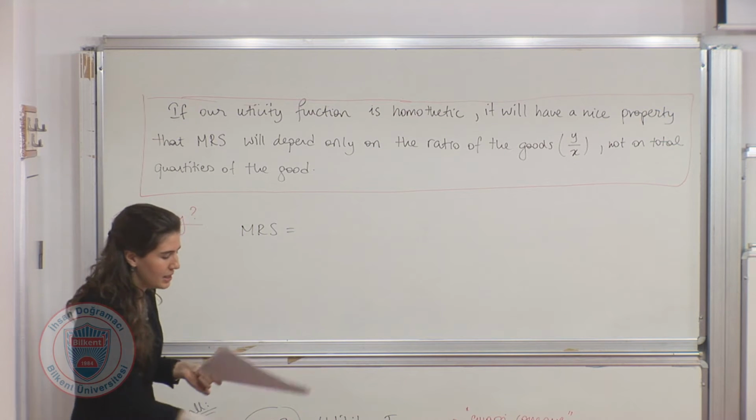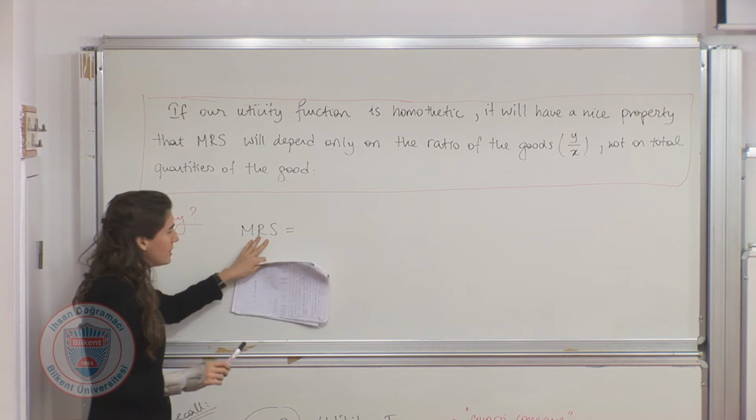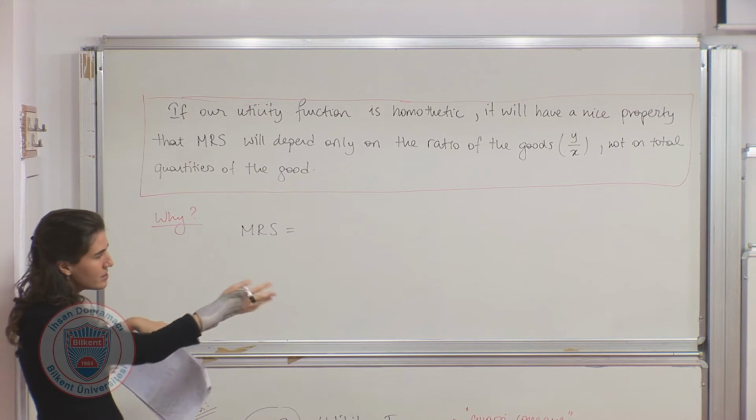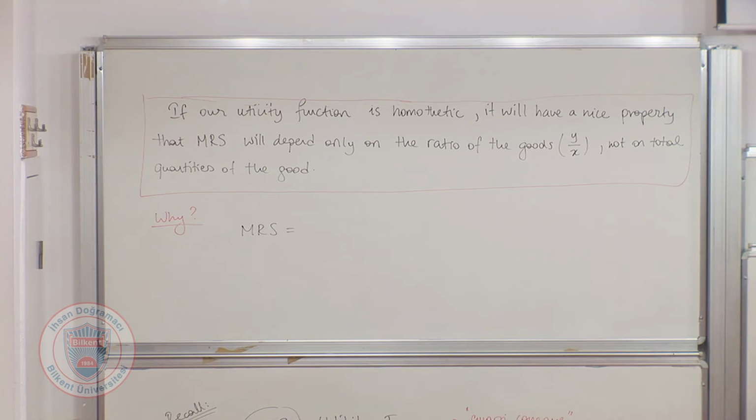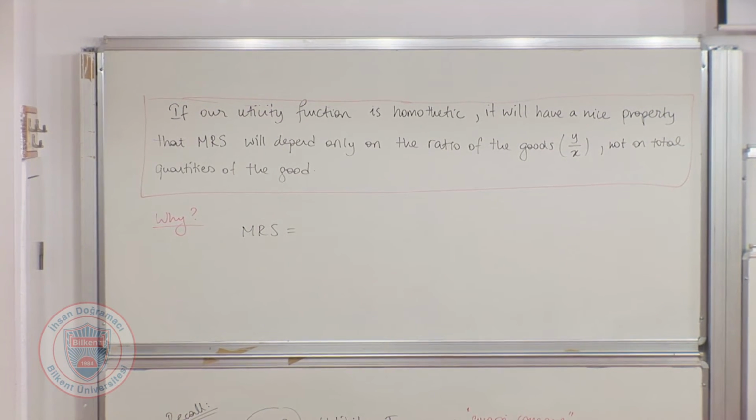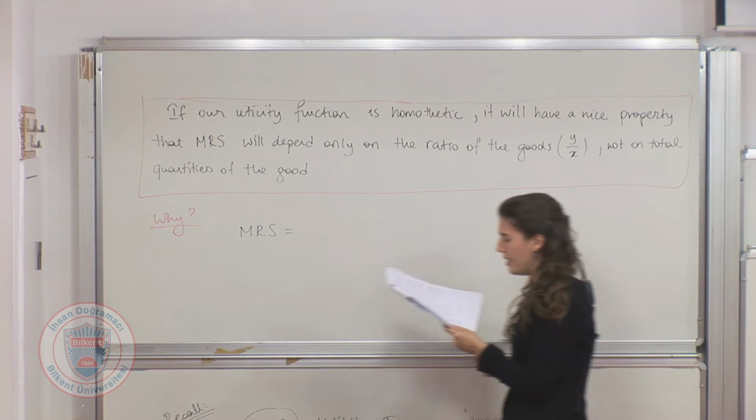So if it's a homothetic function, we know that we can always find some homogeneous function and some transformation such that u tilde is homothetic. So now let's think of this u tilde.